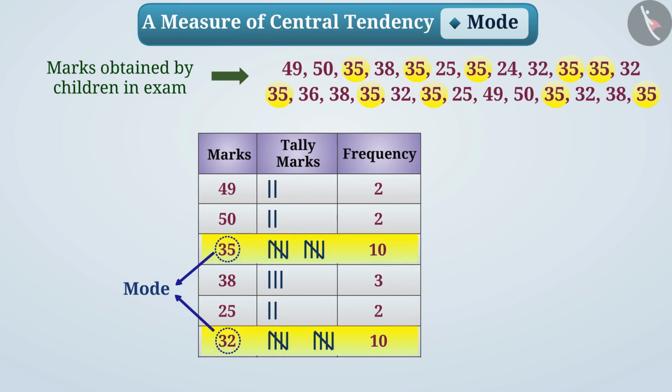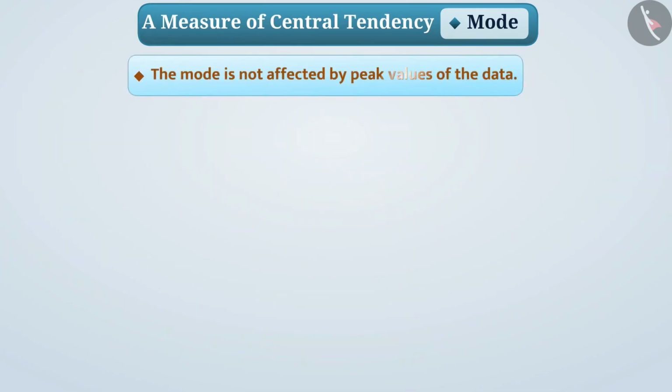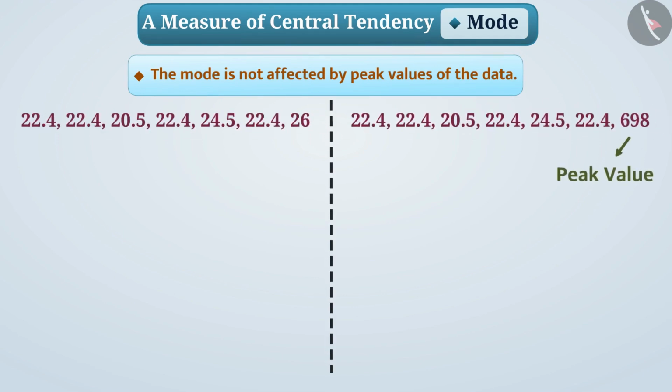Now, let's understand the characteristics of mode. The mode is not affected by peak values of the data. Look at these 2 groups of data. Here, in the second group, the peak value is 698, which is extremely large, the remaining numbers being the same.